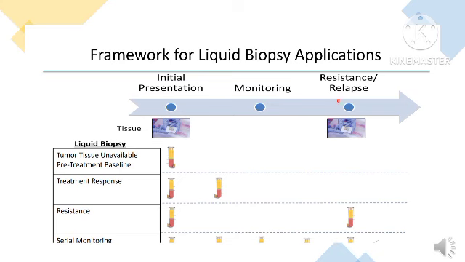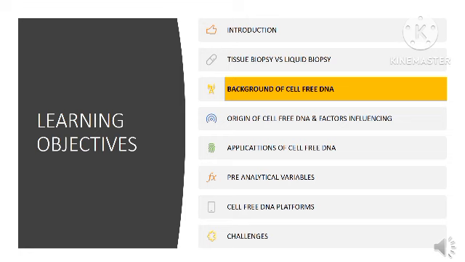After relapse, however, if the tumor is reachable, if the biopsy is feasible, then you can also go for tissue biopsy. So we know the differences and advantages of liquid biopsy over tissue biopsy.